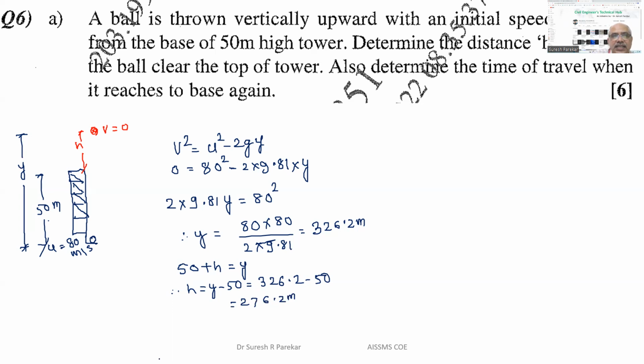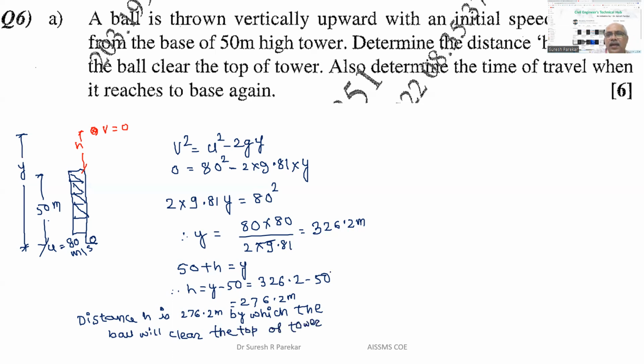So the distance h by which the ball will clear the top of the tower is 276.2 meter.